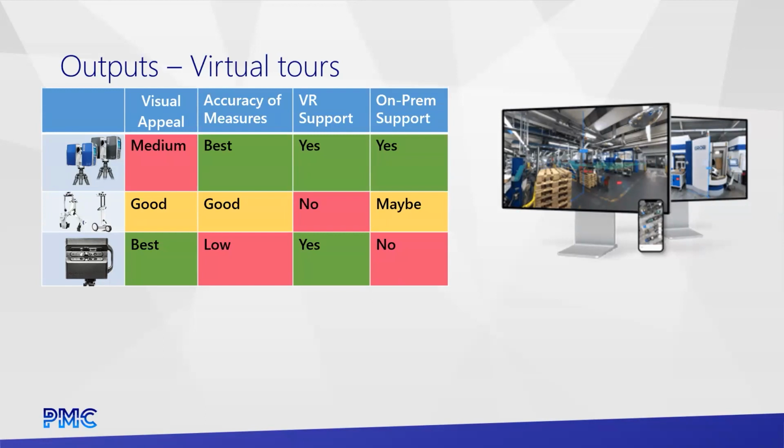And then just the visual appeal, right? How enjoyable they are to use, how user friendly varies quite a bit. With, I would say on the low end, you're at the WebShare or the Leica solution. The Naviz solution is better, and then the Matterport being the best because that's that company's primary focus, virtual tours.